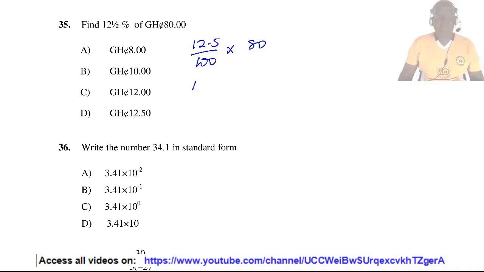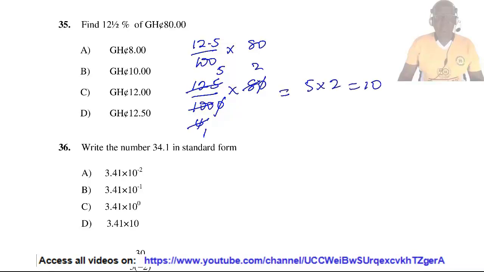So 12.5 times 10, and then 100 times 10. That's 125 over 1,000 times 80. 125 goes into 1,000 eight times, and 8 goes into 80 ten times. So the answer is 10. So the answer is B.